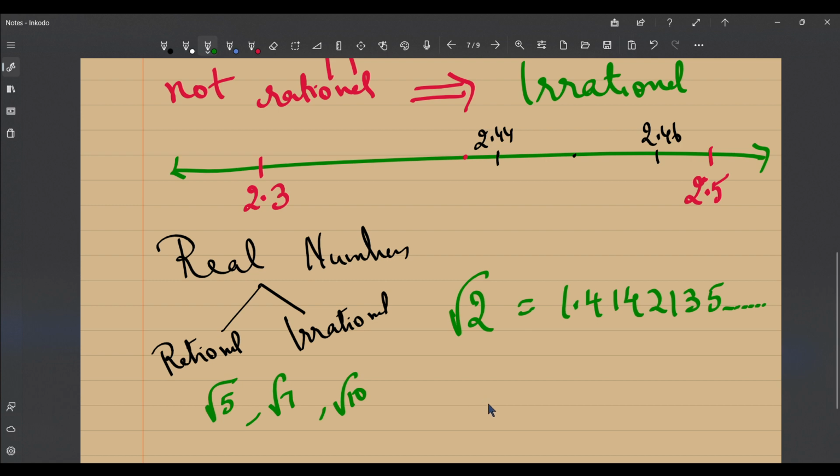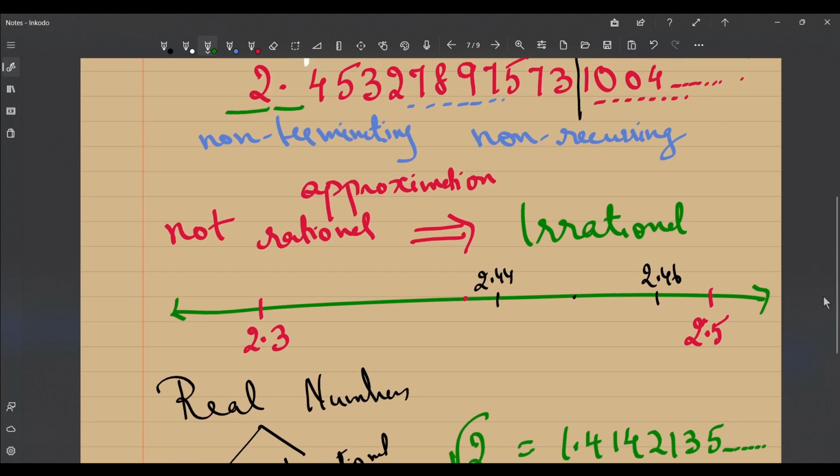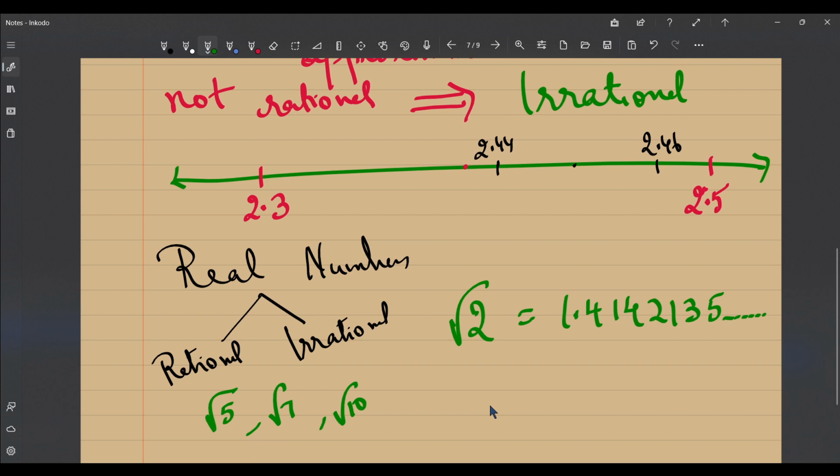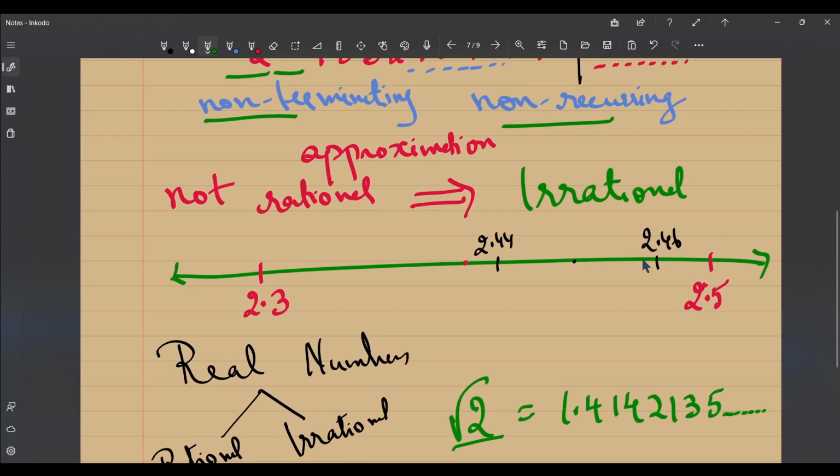But the point of this video is getting introduced to irrational numbers by knowing that such numbers, non-terminating, non-recurring decimals, exist. Knowing the existence of such numbers gives you more clarity than being introduced to irrational numbers through root 2, root 5, root 7, root 10, because this gives you an idea of where they would fall in the number line, and more satisfaction that such numbers do exist in the real number system.